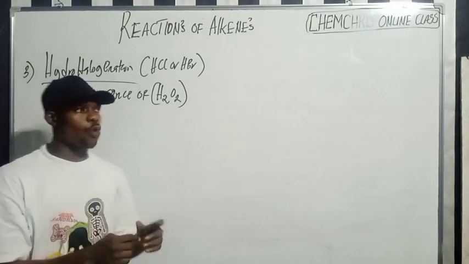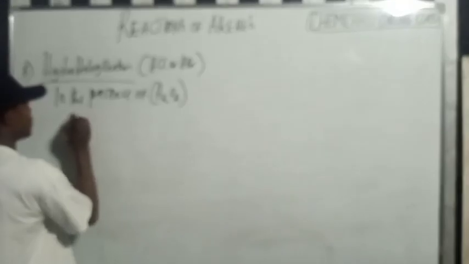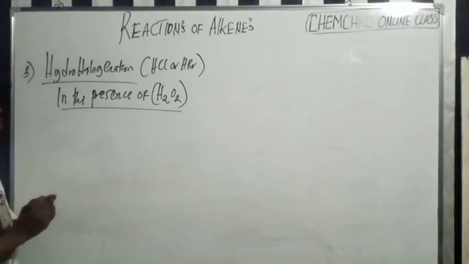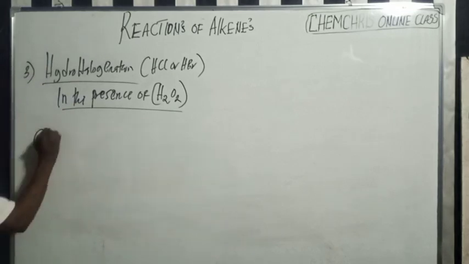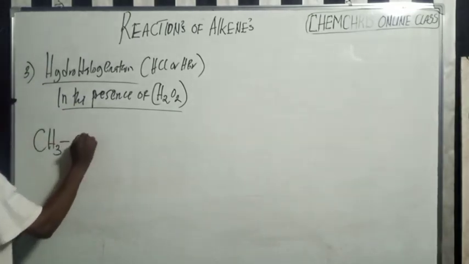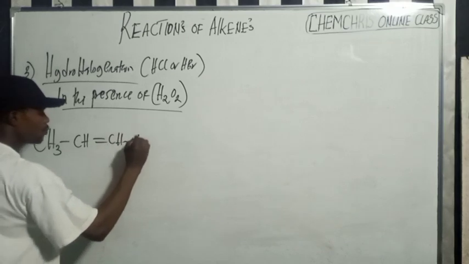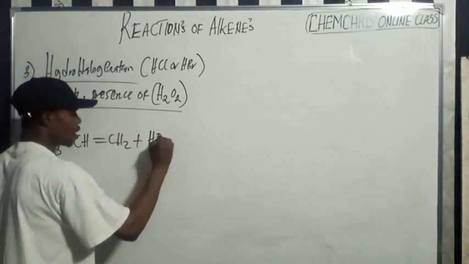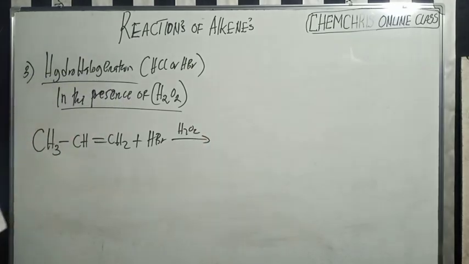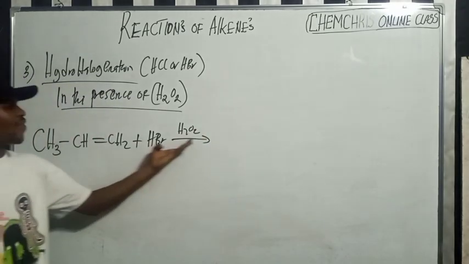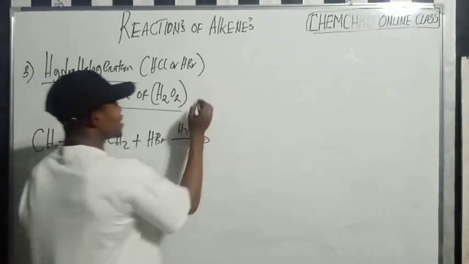But in some reactions you have a peroxide, in the presence of hydrogen peroxide. So when you have something like CH3, CH, CH2 plus HBr, you now have a peroxide. Now, when you have a peroxide, what will happen here?